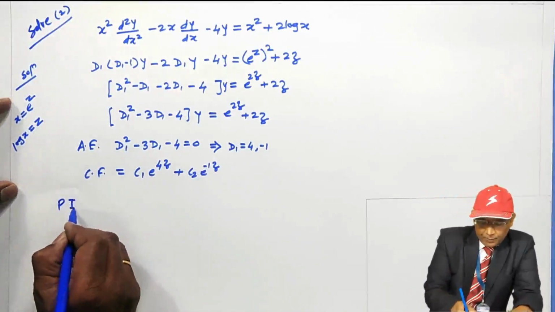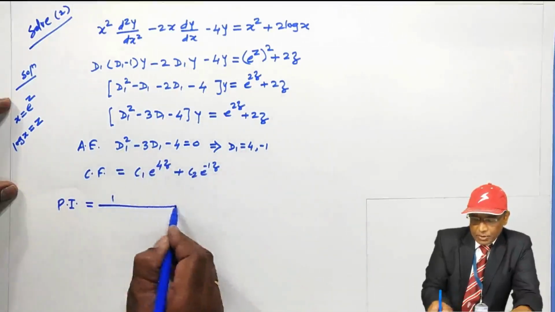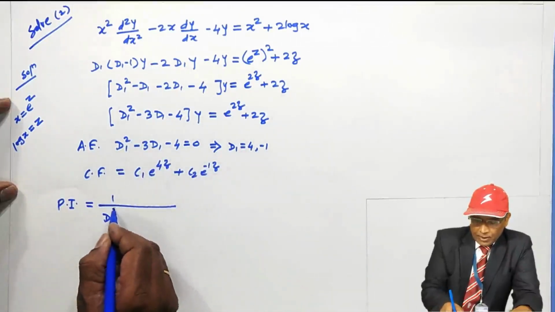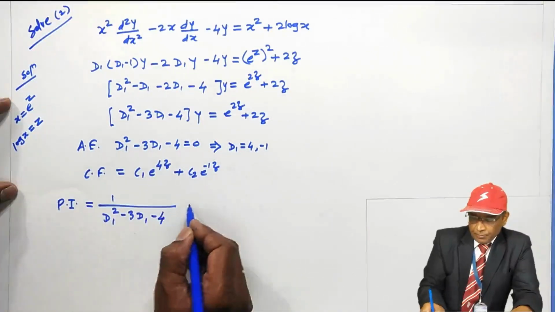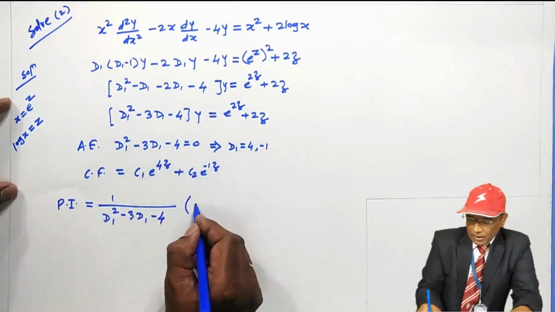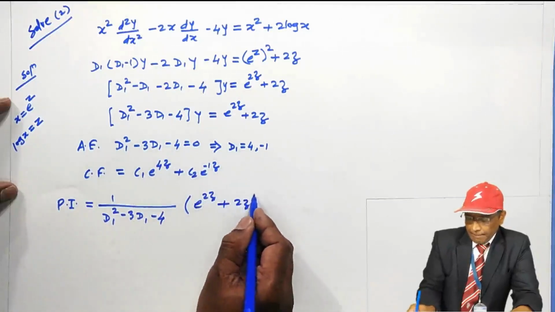Particular integral: shift this operator on the right hand side. D1 squared minus 3D1 minus 4, I am operating on e to the power 2z plus 2z only.